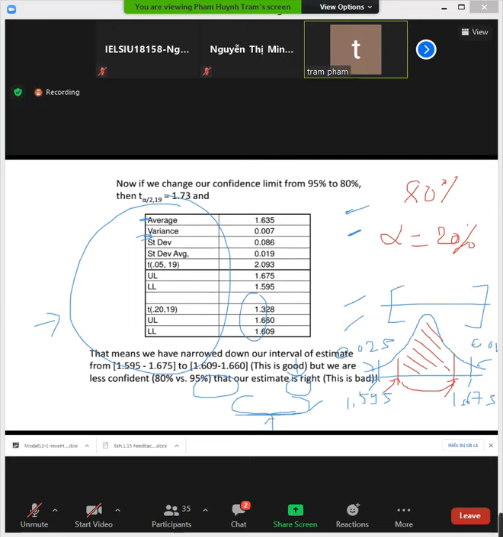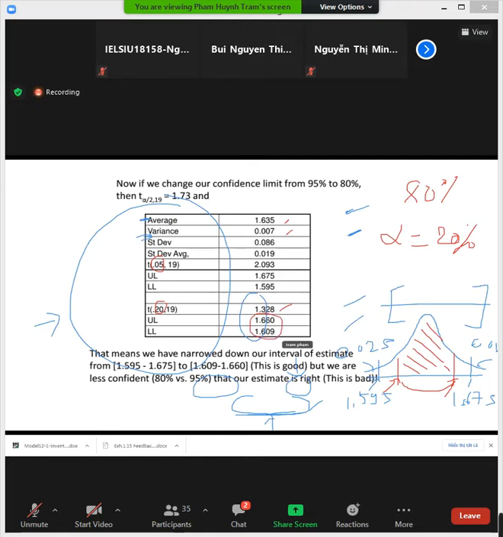Everything's still the same because we still keep the same number of replications here. So the average is still the same, the variance is still the same. But this was alpha 5%, and if we choose alpha 20%, we will get this t value, and we get the new confidence interval.